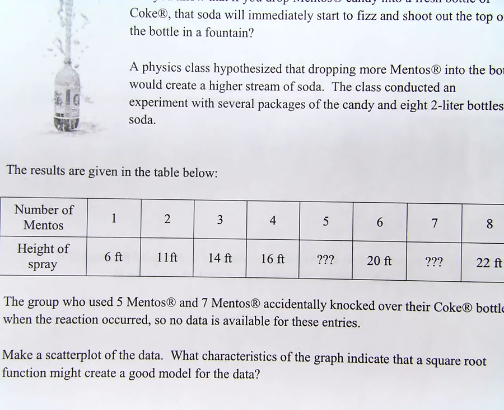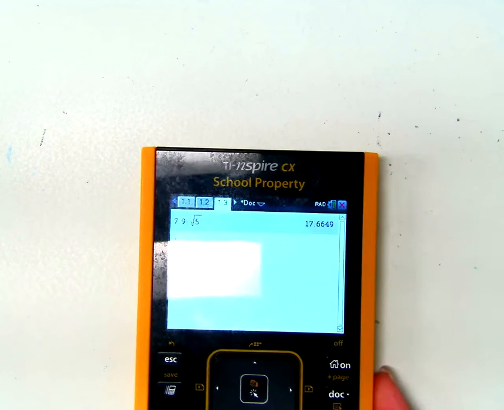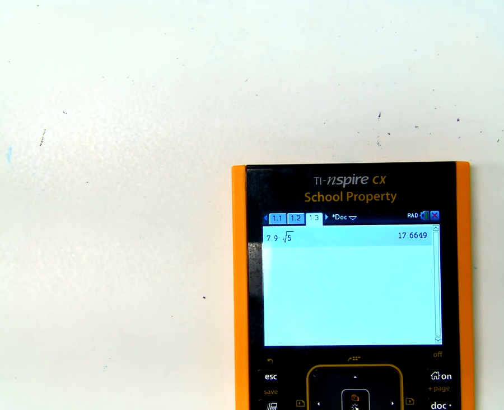No, what'd they do? It was kind of a guess. They watched it, right? They said, what's the closest that it went, didn't they? So, do you think that we're going to put 17.6649? No. What are we going to put? 18. We're going to put 18.